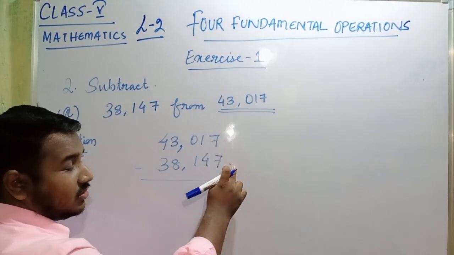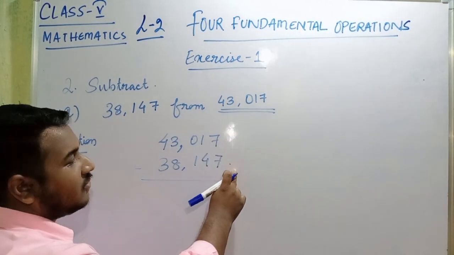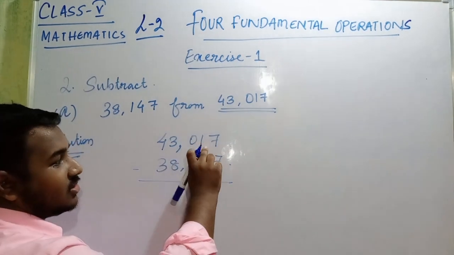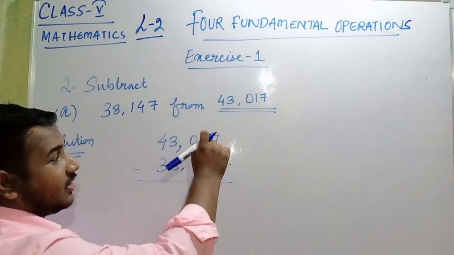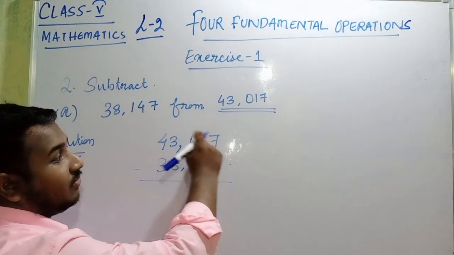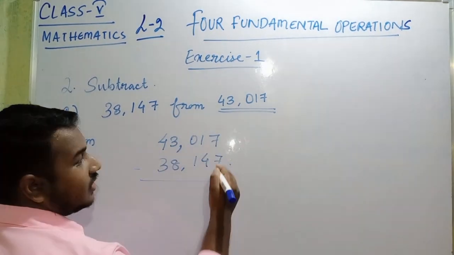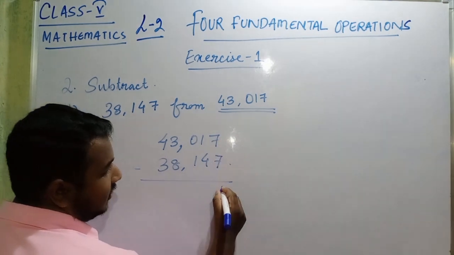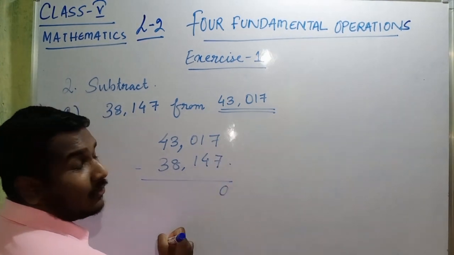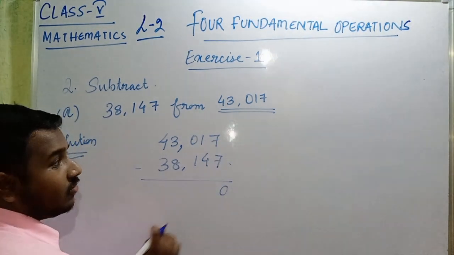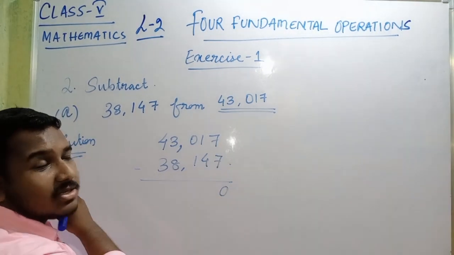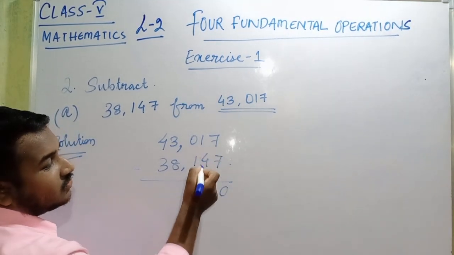Now simple subtraction, you know, that is when the numbers are same or when the upper number is bigger than the down number, then simply you have to do the subtraction. If it is smaller, then you have to carry or you have to bring one from the previous number. So what you have to do? 7 minus 7 becomes 0. How? Because we have taken 7 minus 7. Now next is 1 minus 4.